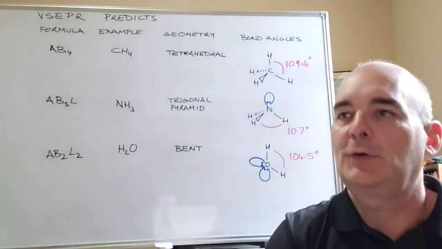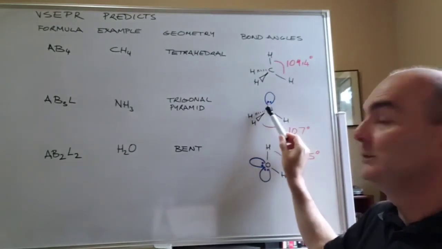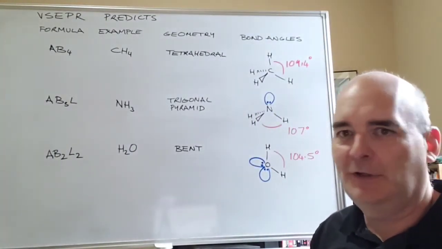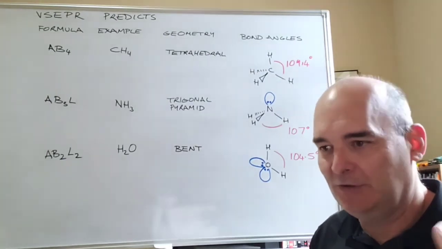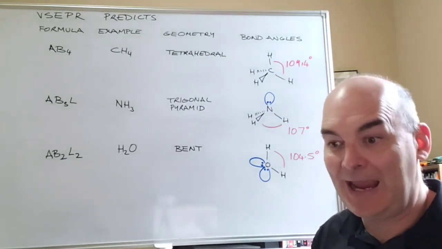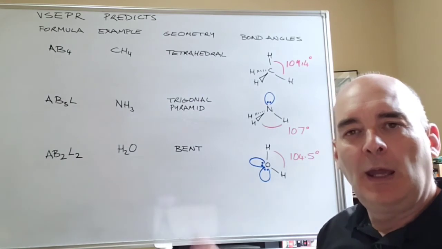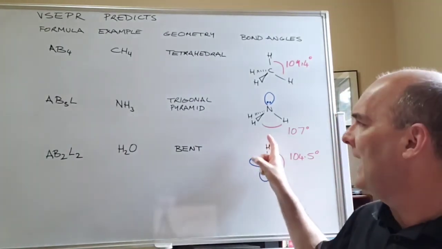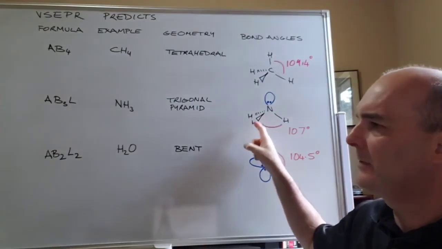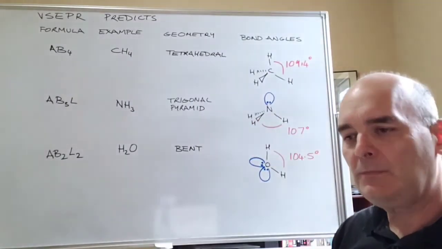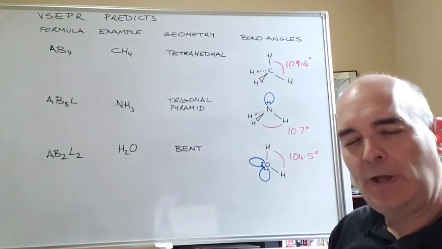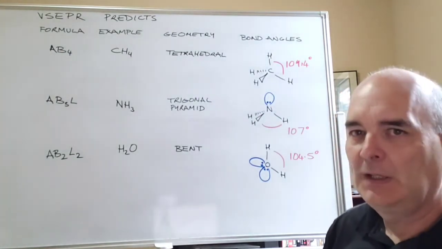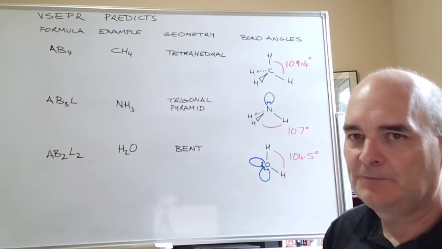Sometimes we put those dots into balloons to show the viewer that it's not just a typo on the page, it's not just a splotch, it's actually something real, and it's occupying space. And when we look at the bond angle between the hydrogens in ammonia, we find out that it is less than 109.4, it's 107 degrees.